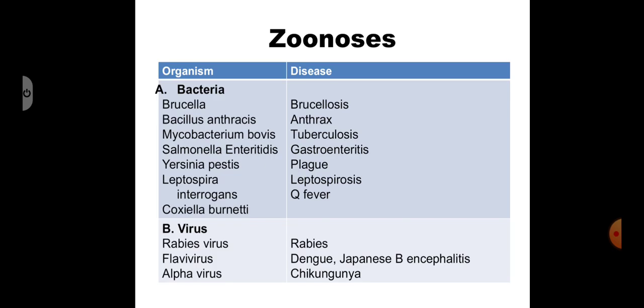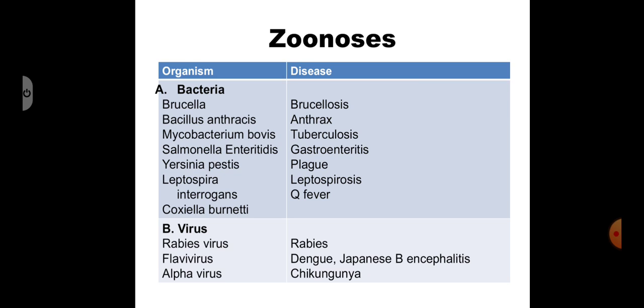Looking into zoonosis, the bacterial agents are Brucella, or if you look into the diseases, they can be brucellosis, anthrax, tuberculosis, gastroenteritis caused by non-typhoidal salmonella, plague, leptospirosis, and Q fever. Q fever is caused by Coxiella burnetii.